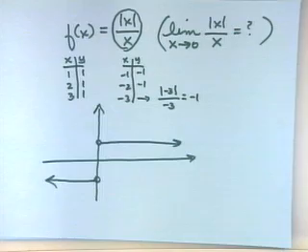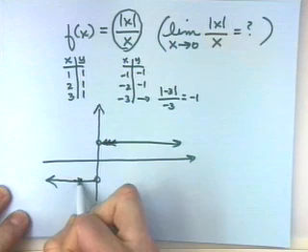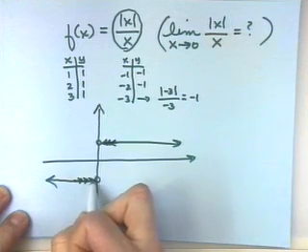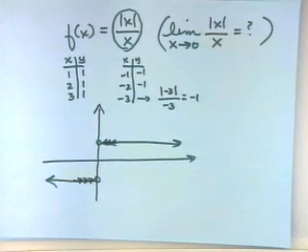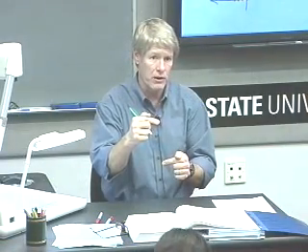Now let's go back to the original question, which is the limit of this function as x approaches 0. That means we've got to be able to come in closer to 0 on this piece of the graph and also on this piece of the graph. Are we converging on the same value from both sides? Clearly we're not. Where are we on one piece?